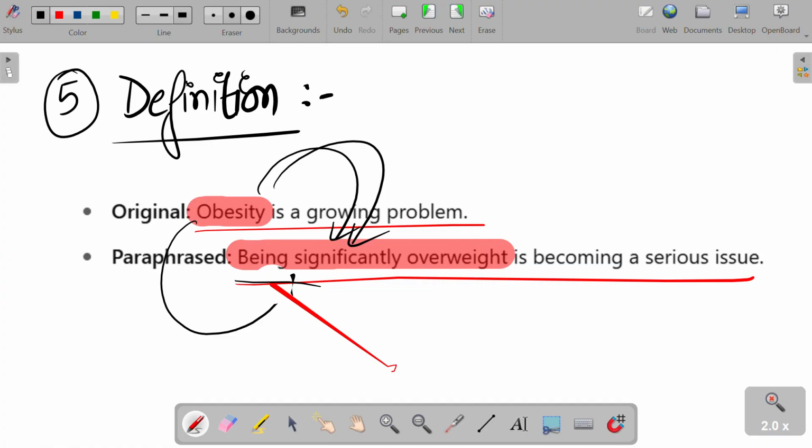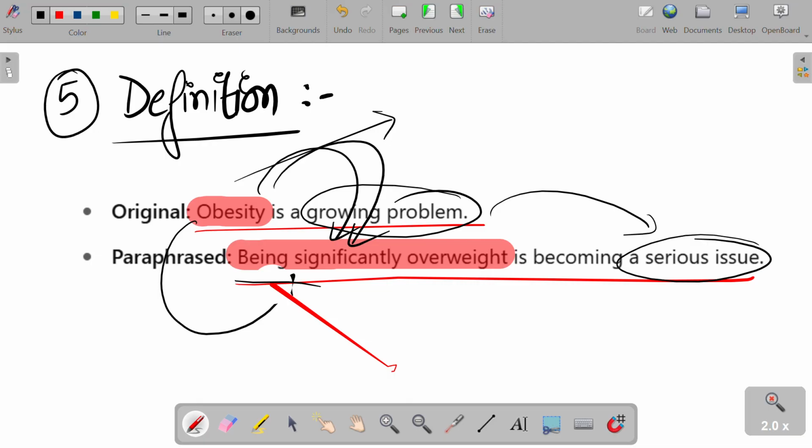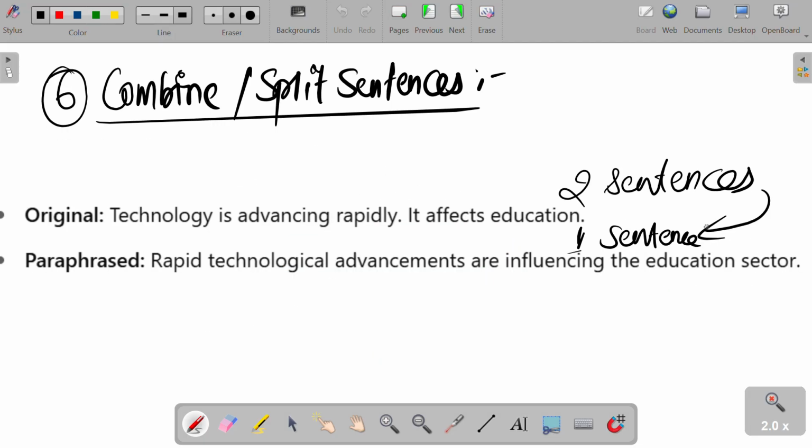That's the definition. So not necessarily just one direct synonym. You can actually add a group of words that would define the word itself. And instead of growing problem, it's written a serious issue. So a definition is also one of the ways. You don't need to know all the ways in which you can paraphrase, but sometimes this is one of the major concerns among the IELTS candidates, and I hope this really helps you.